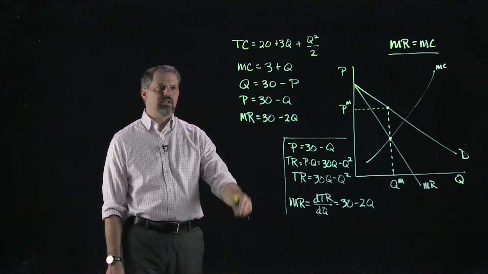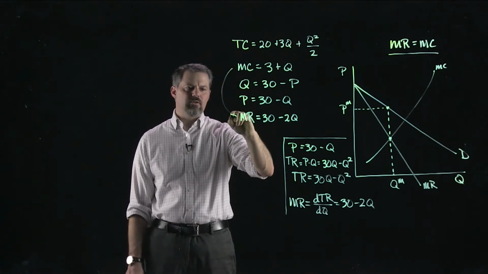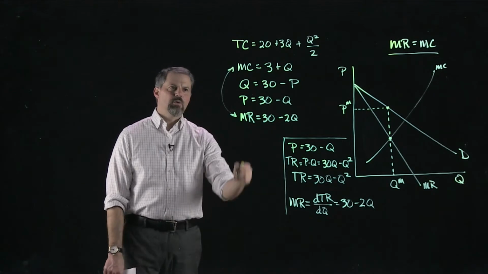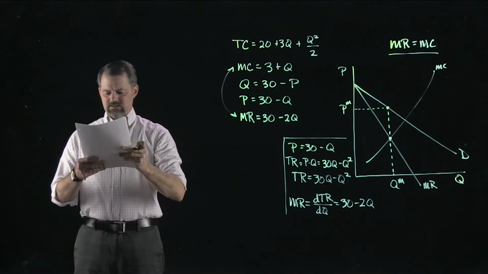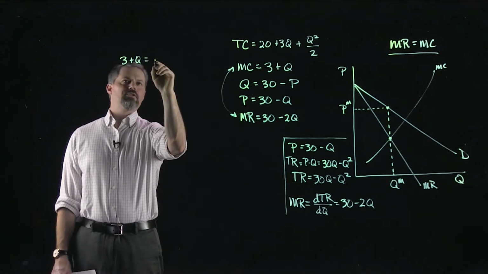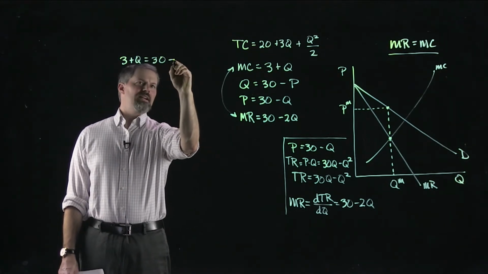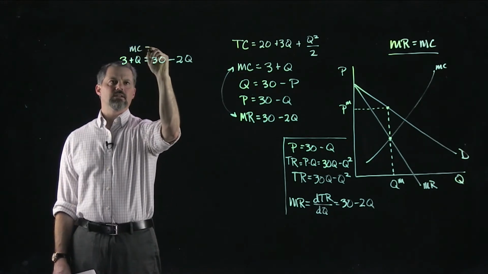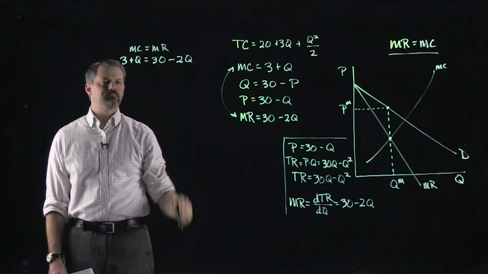What we need to do is set marginal revenue and marginal cost equal to each other. So when we do that, we get 3 plus Q is equal to 30 minus 2Q. That is marginal cost equal to marginal revenue.